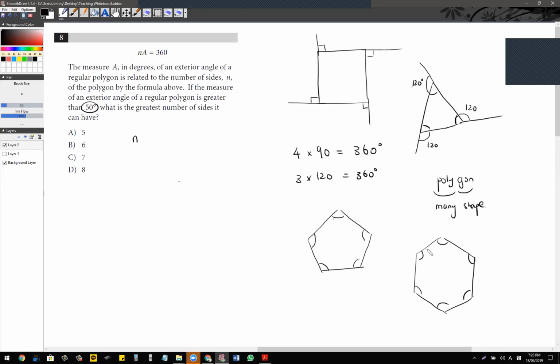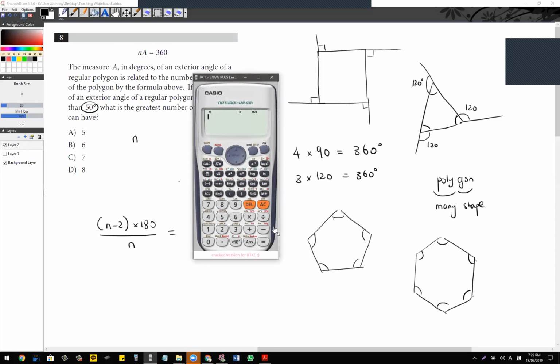Now, there is also another formula separate from this one, known as n minus 2 times 180 divided by n. Let's plug in 4 there. It'll be 2 times 180 divided by 4, true?